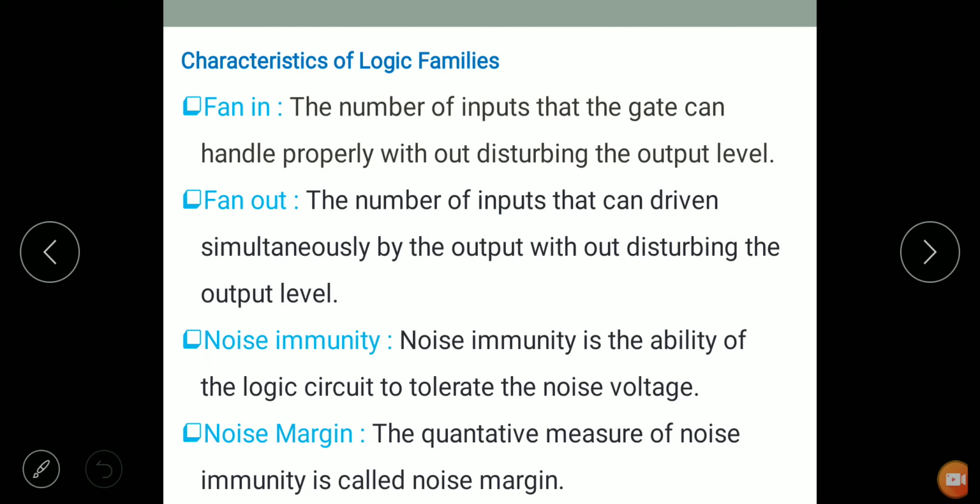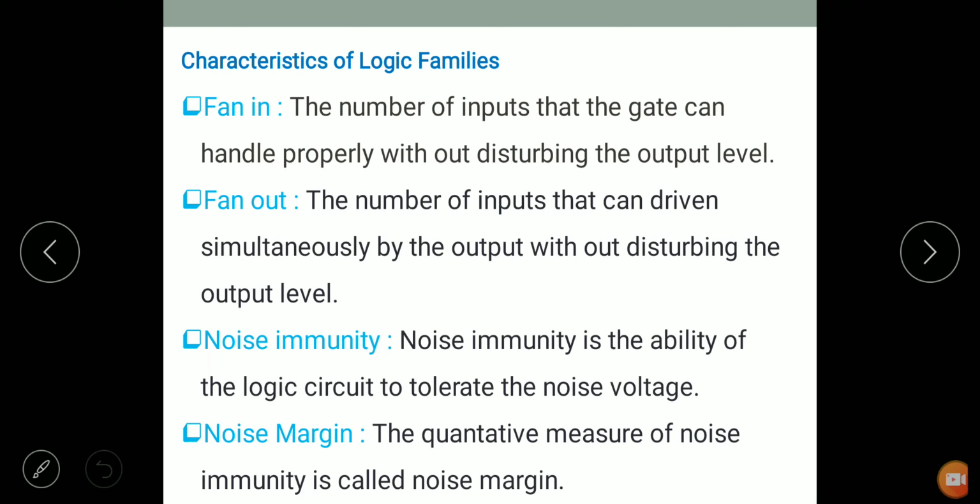In order to avoid the effects of noise voltage, the designer adjusts the voltage levels VOH minimum and VIH minimum to different levels with some difference between them. The difference between VOH, the output high, and VIH, the input high, is known as the high level noise margin.